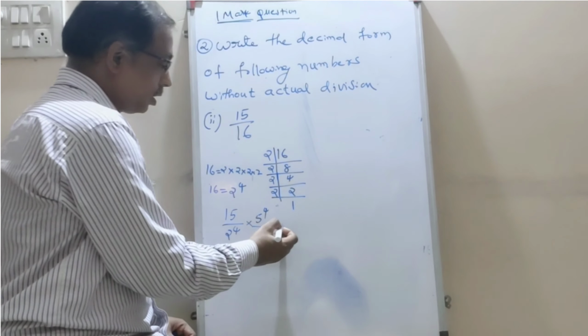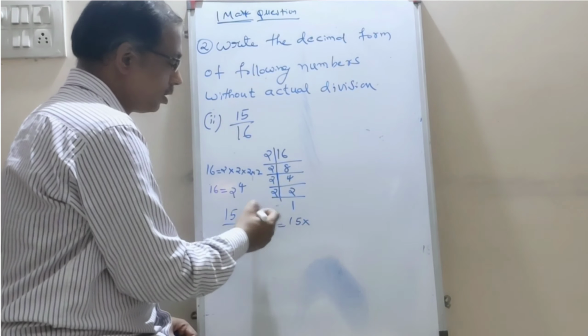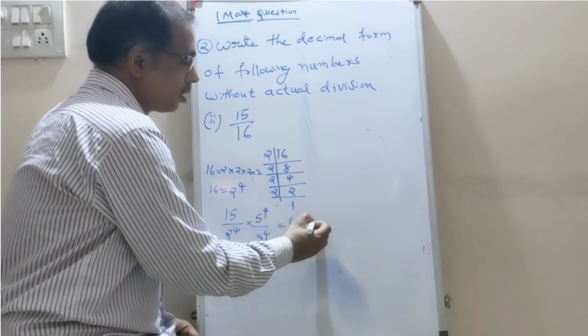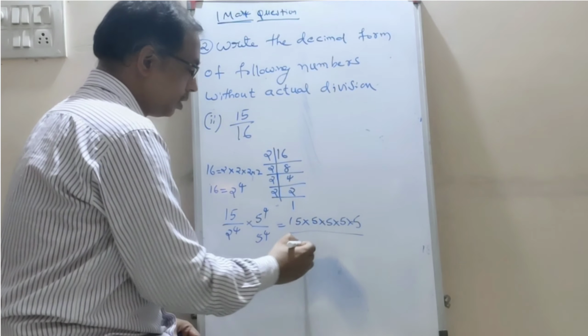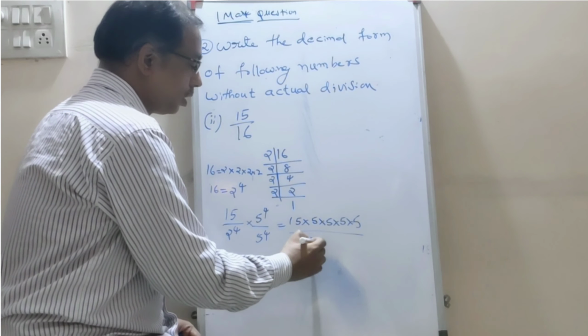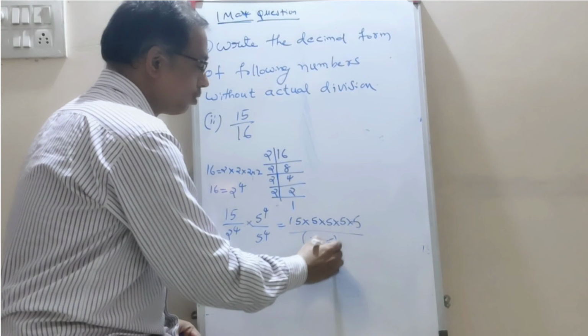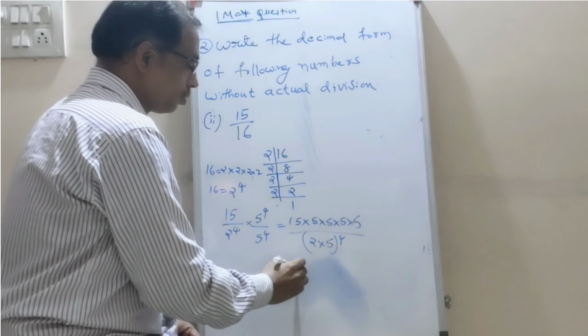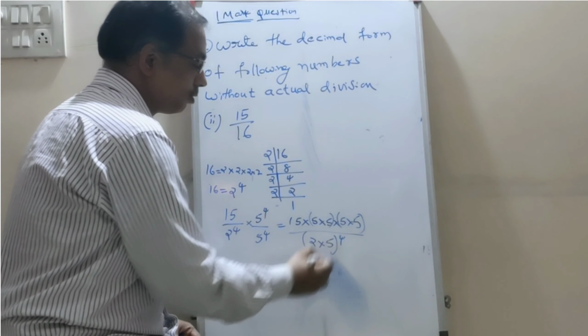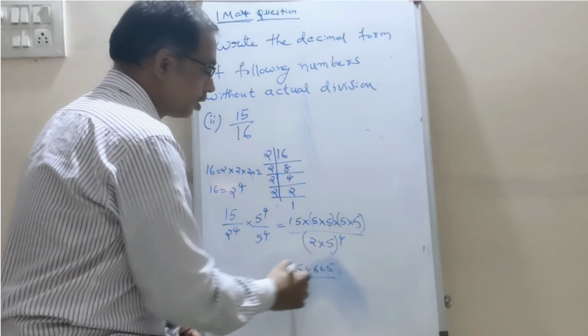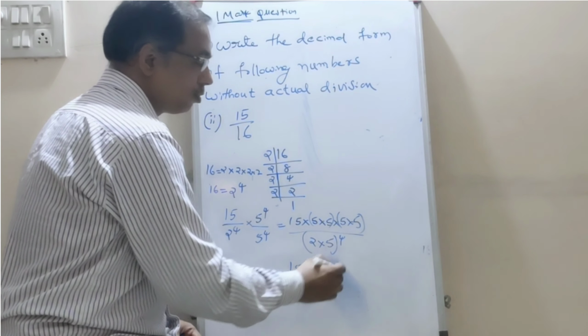So we can write it as 15 into 5 power 4, that is 5 into 5, 5 into 5, divided by 2 into 5, that is simply 2 into 5 whole power 4. So 15 into 625, 5 into 5 is 25, 25 into 25 is 625, over 10 power 4.